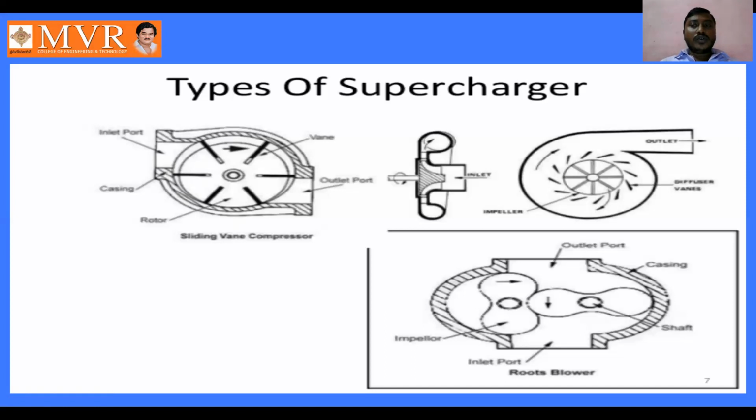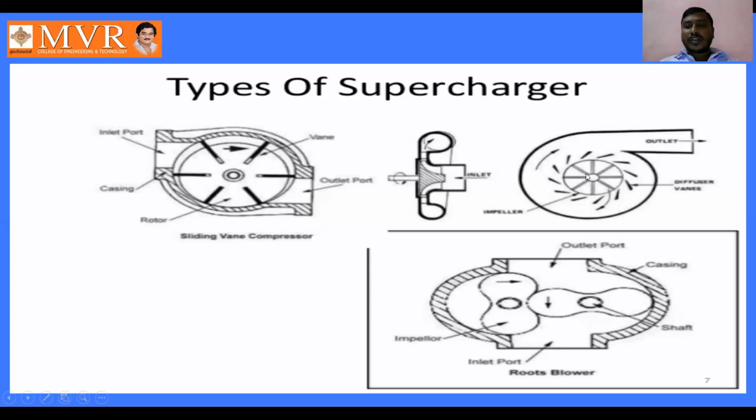As the pressure increases, the efficiency and the output of the engine increase. After the high pressure has developed, combustion takes place and the hot gases generated move out through the outlet port to the atmosphere.